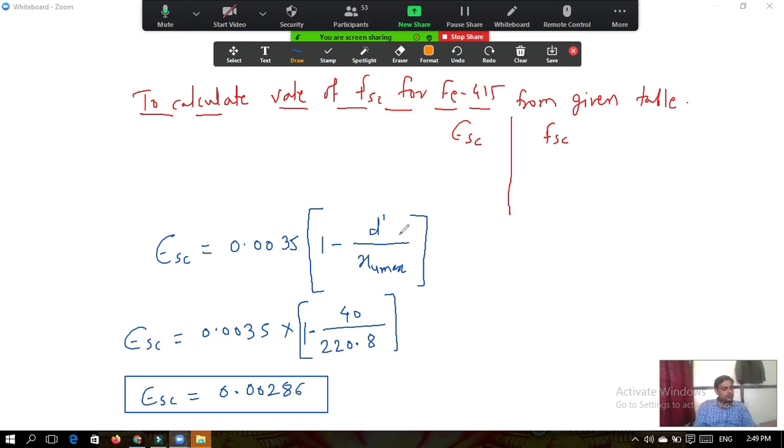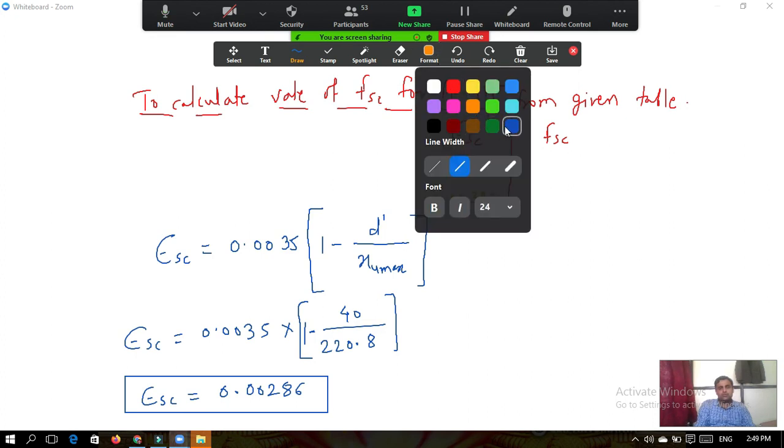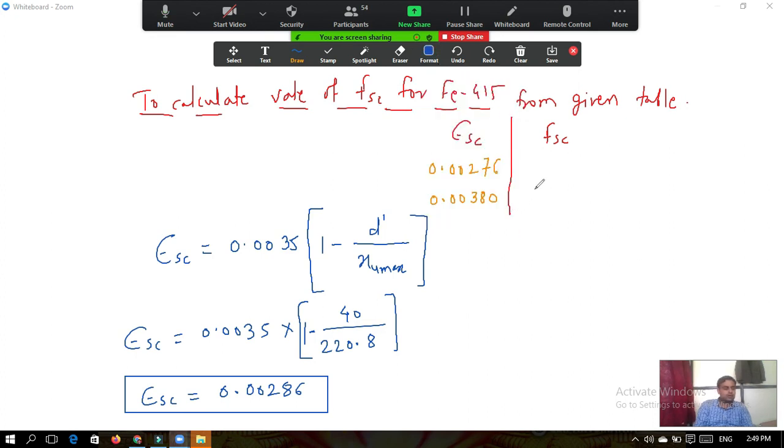So here if I see for Fe415, the strain is 0.00276 and 0.00380. So this value comes in between these two values, and for 0.00276 the stress is 351.80, and for the strain 0.00380 the stress is 360.90.